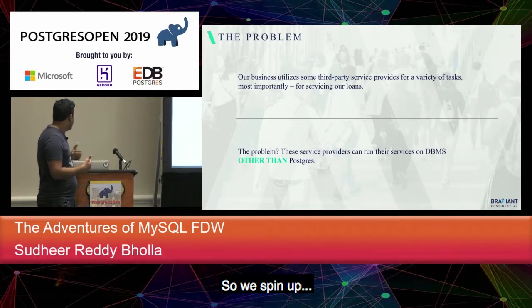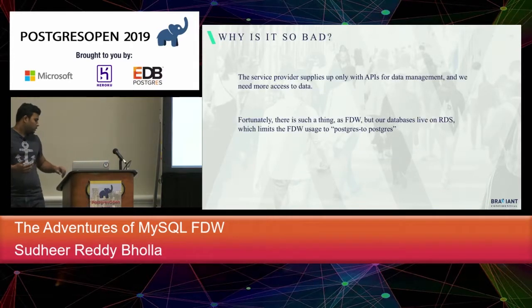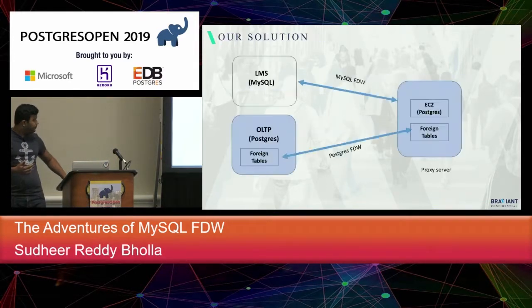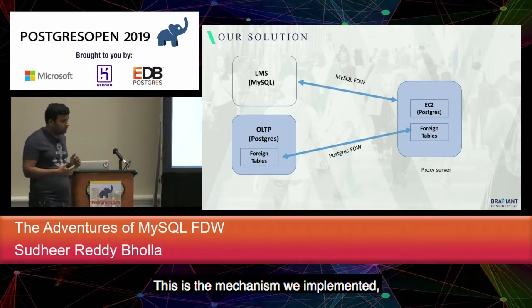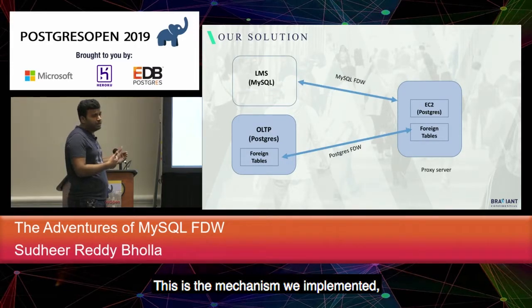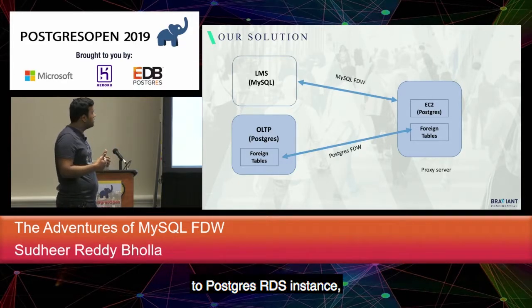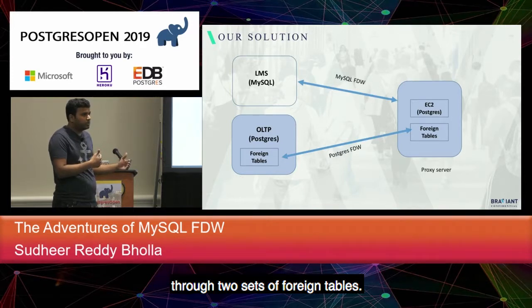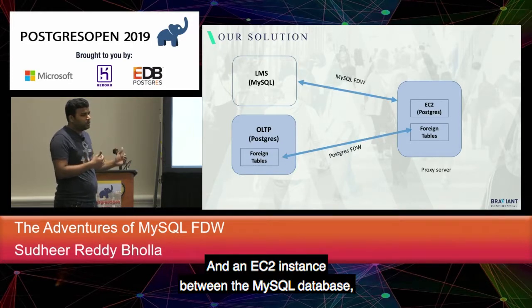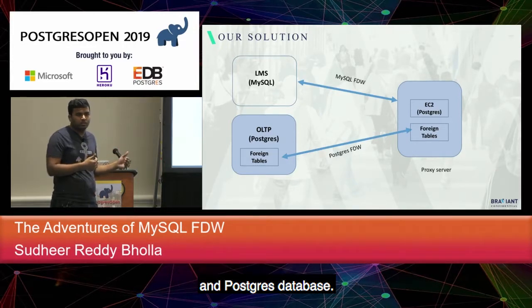So we spin up, this is the mechanism we implemented, which is like creating a tunnel between the MySQL database and the Postgres RDS instance through two sets of foreign tables and an EC2 instance between the MySQL database and Postgres database.